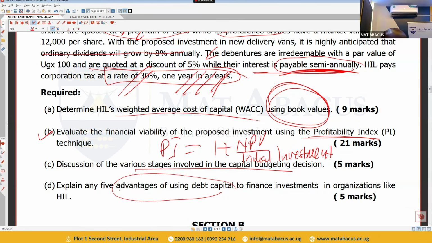Part C, stages involved in capital budgeting. Every student would have gotten that, and therefore it shouldn't have disturbed anybody. But when we're talking about stages involved, to garner the 5 marks, always, when we talk about stages, that's the logical framework. It is important we always determine the overall objective of what you're intending to do.